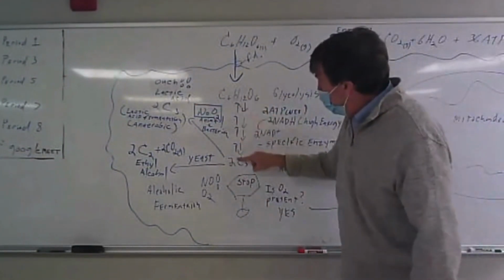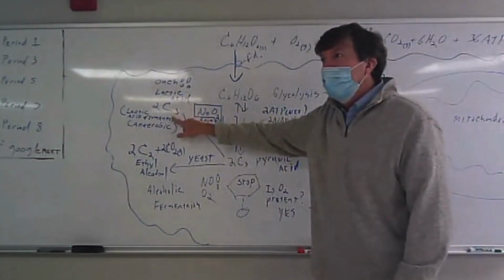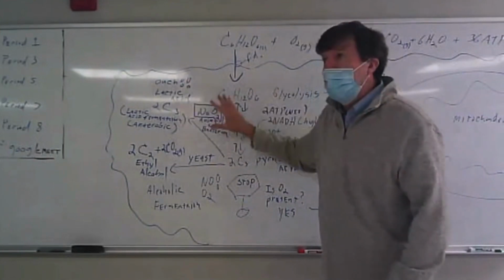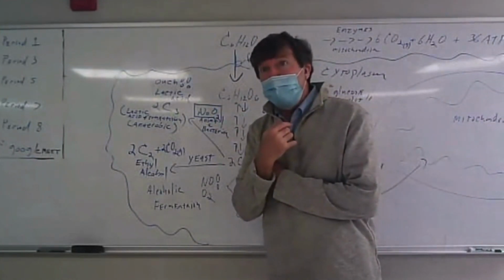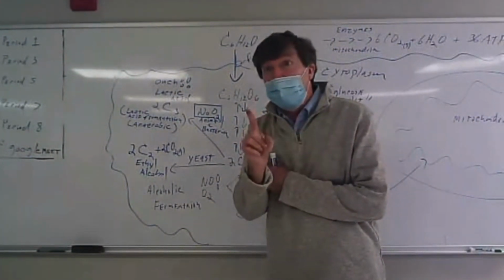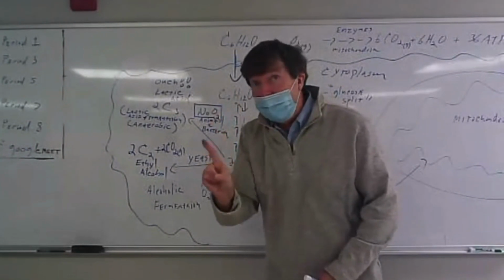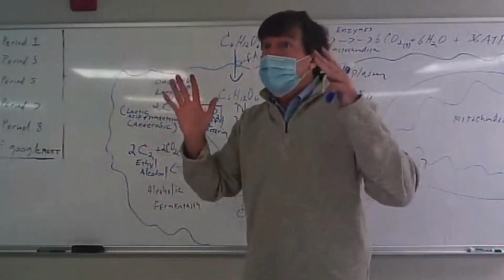Look around here. Do you see any CO2 being produced as you get to there? Do you see any CO2 here? No. So when your muscles ferment lactic acid, no carbon dioxide is produced. For carbon dioxide to be produced, you need what? You need oxygen gas, and that's the next stage.